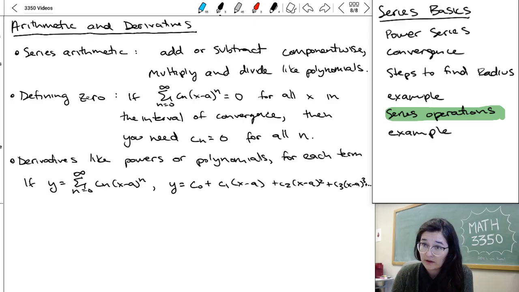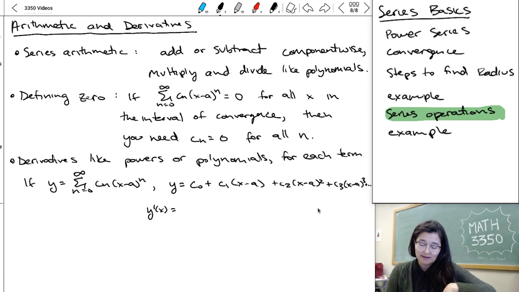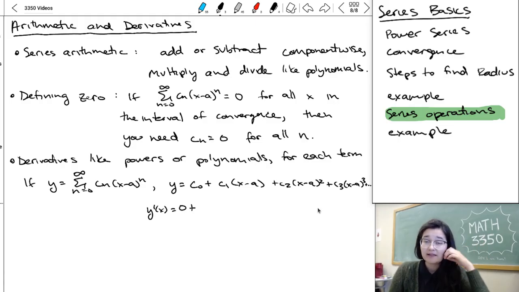If I want to take a derivative of this, I know how to do that already. I've got y prime of x: the derivative of c0 with respect to x is 0. The derivative of c1 times (x minus a) with respect to x is just c1. For the derivative of this term, I have (x minus a) squared, so I bring out my 2, I leave my constant alone, and then I move down in power.